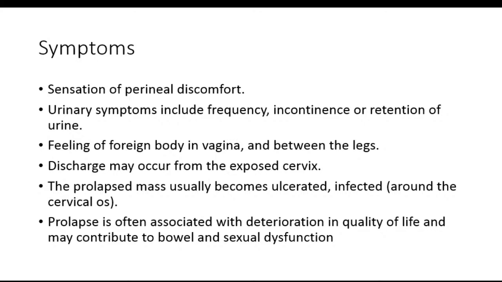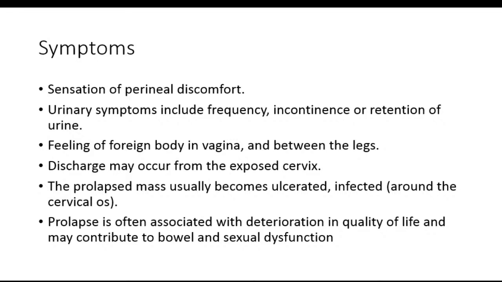Signs of the pelvic organ prolapse or descent are usually sensation of discomfort in the perineal part of the body. Some patients present with bladder symptoms, which include frequency of urination, incontinence, or vice versa, retention of the urine inside the bladder, and an inability to pee normally, completely.